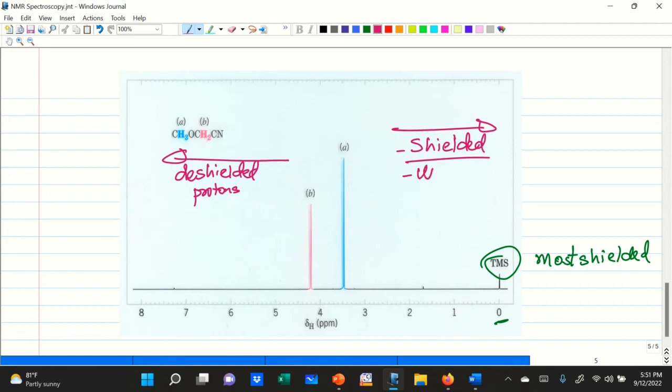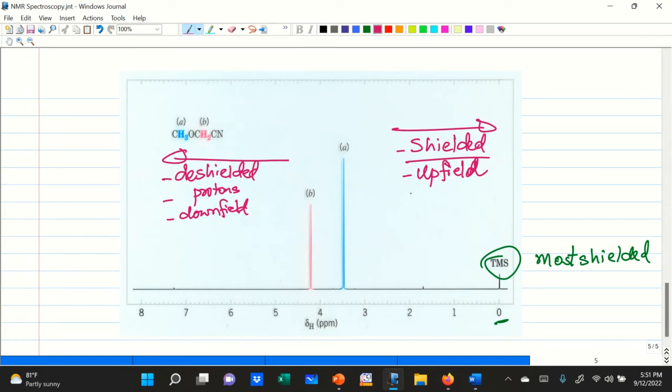That is also called upfield. They absorb upfield or they resonate upfield. Likewise, this side will be causing downfield because they are deshielded, they feel more, and do not need to up the field that much. Okay, so upfield versus downfield, shielded versus deshielded.